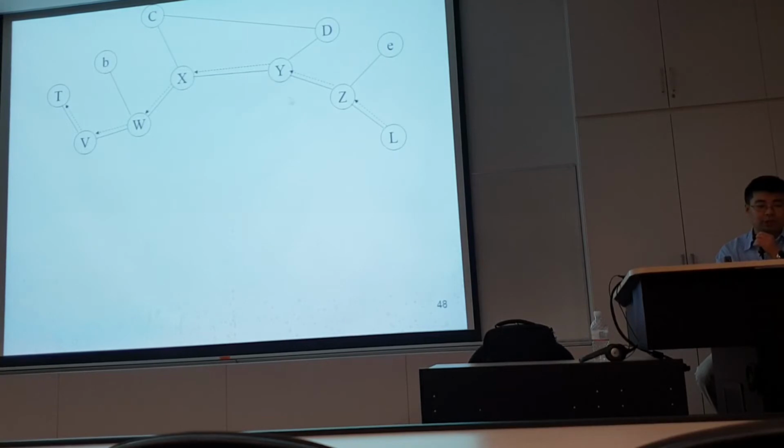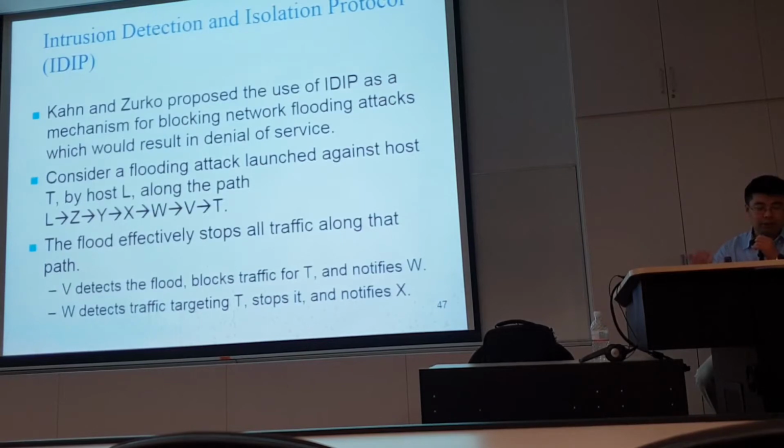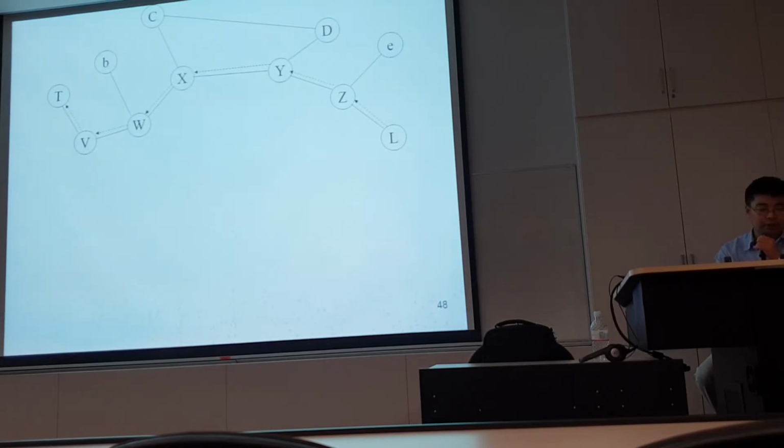Some of the nodes are so-called network boundaries. These boundary nodes can be network gateways and so on. In this case, we can gradually stop the attack and then recover from it. For example, suppose you have the IDS installed at different nodes in this network.